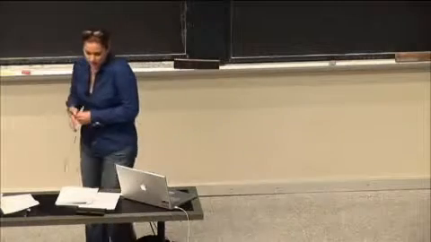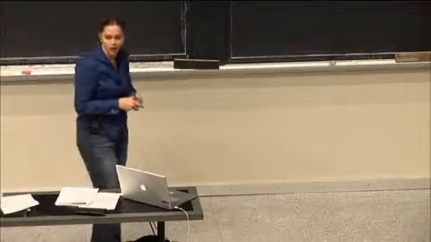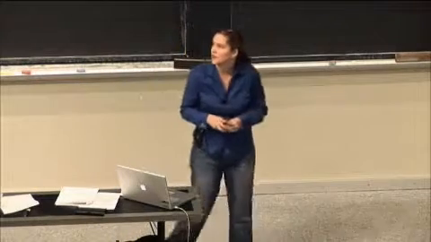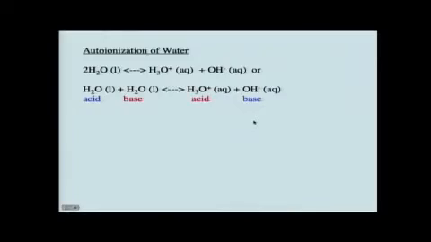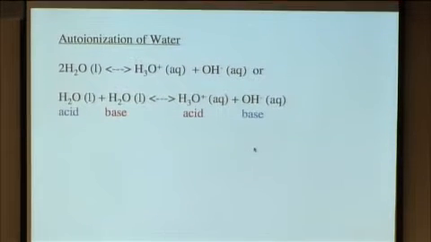Now let's come back to this issue of water and how water can act as an acid or a base. If it can act as an acid or a base, it seems like it can react with itself to do some chemistry, and it can. So up here, you could have one water molecule acting as an acid, giving up its hydrogen ion to another water acting as a base, forming hydronium ion, and also forming hydroxide ion.